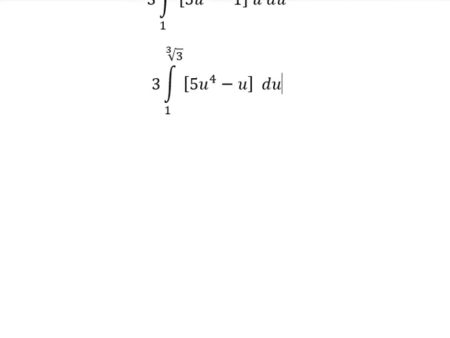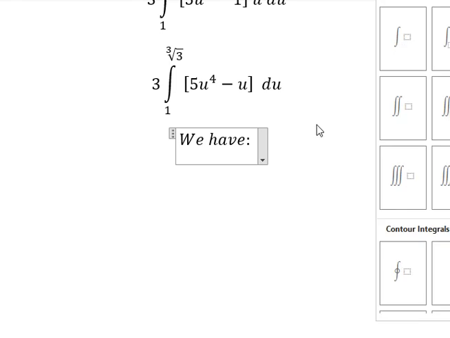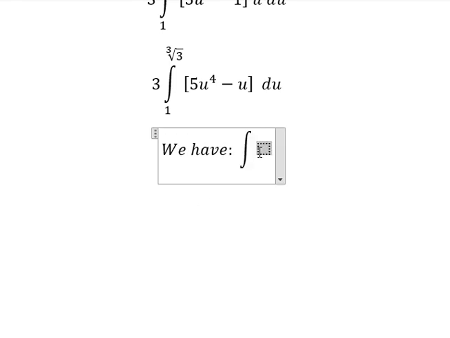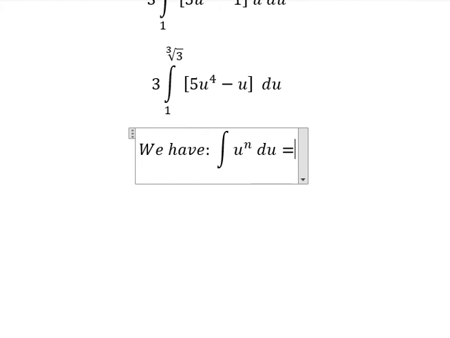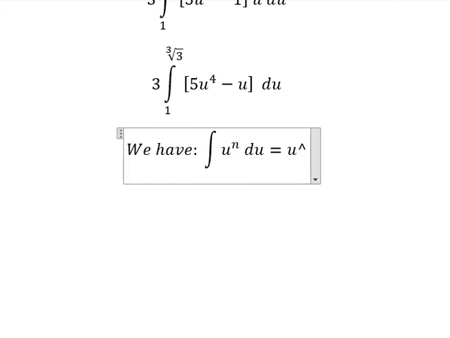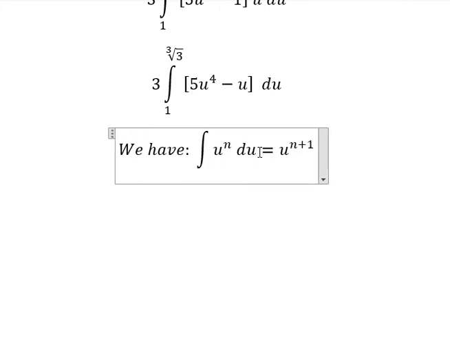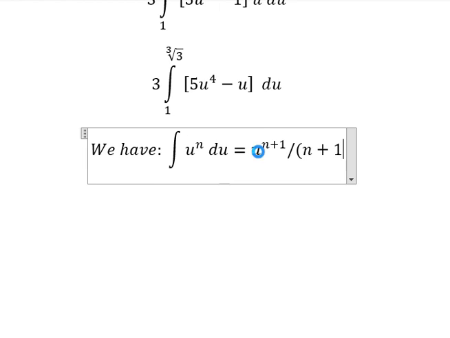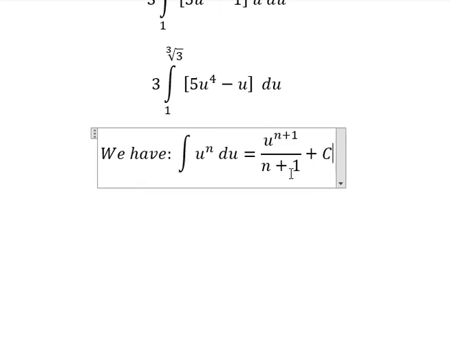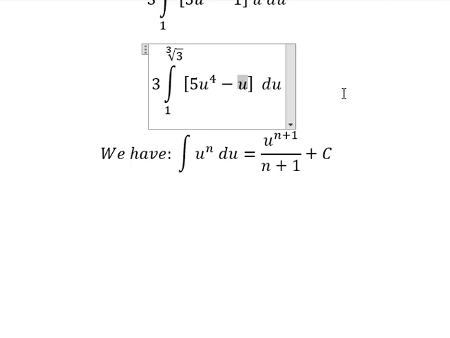Next, we have the formula in here. The integration of u to the power of n du is u to the power of n plus 1 over n plus 1, and I will put c. Now we can apply the formula in here and here.